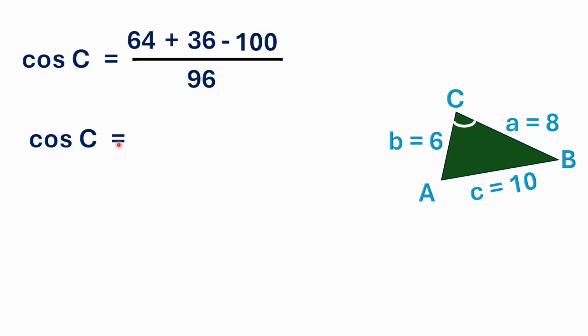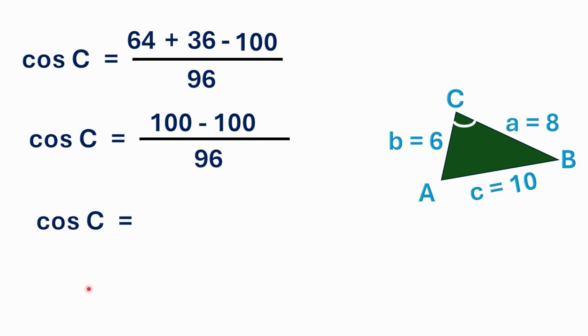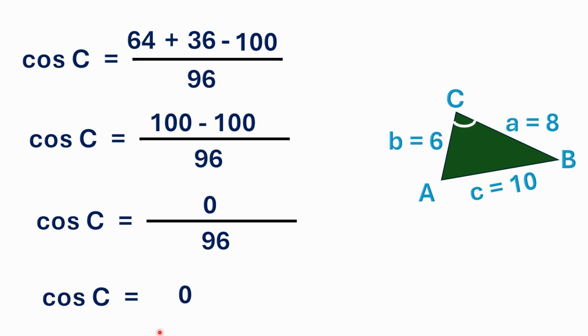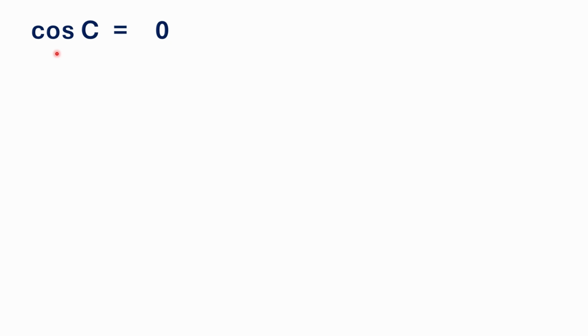Next, let's simplify. 64 plus 36 minus 100 is 100 minus 100 all over 96. And 100 minus 100 equals 0 over 96. So 0 divided by 96, the answer is 0. Now the value of cosine C is 0.